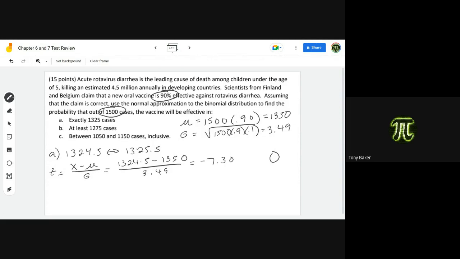I'm going to come up with two different numbers for the other problems in this one. I know the ones on the test actually work. All right, so we're going to change B to, let's do, at least 1,360 cases.